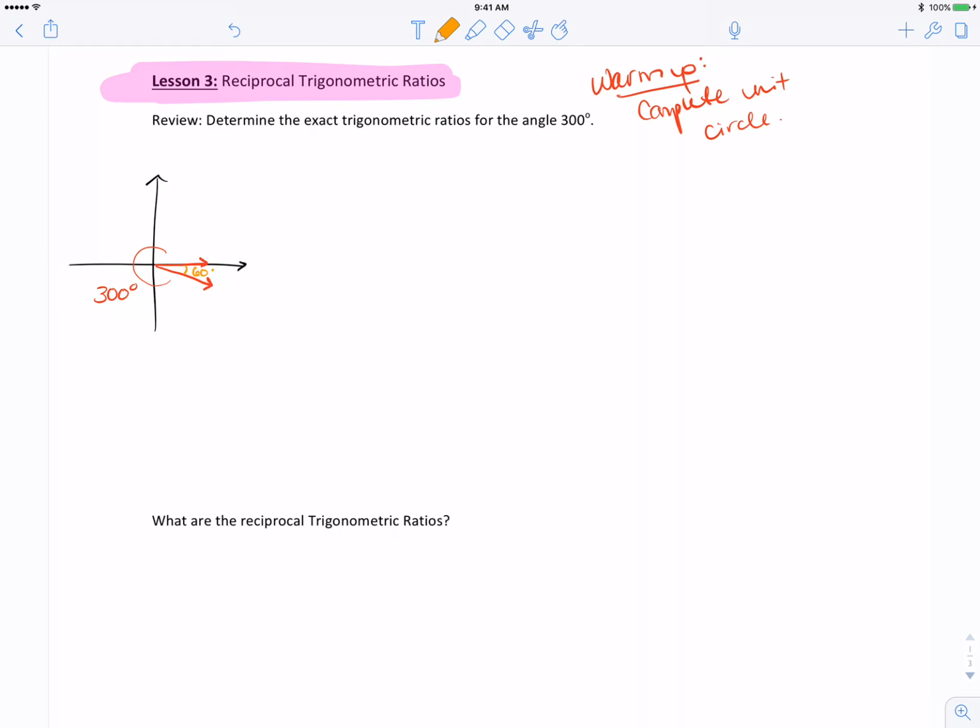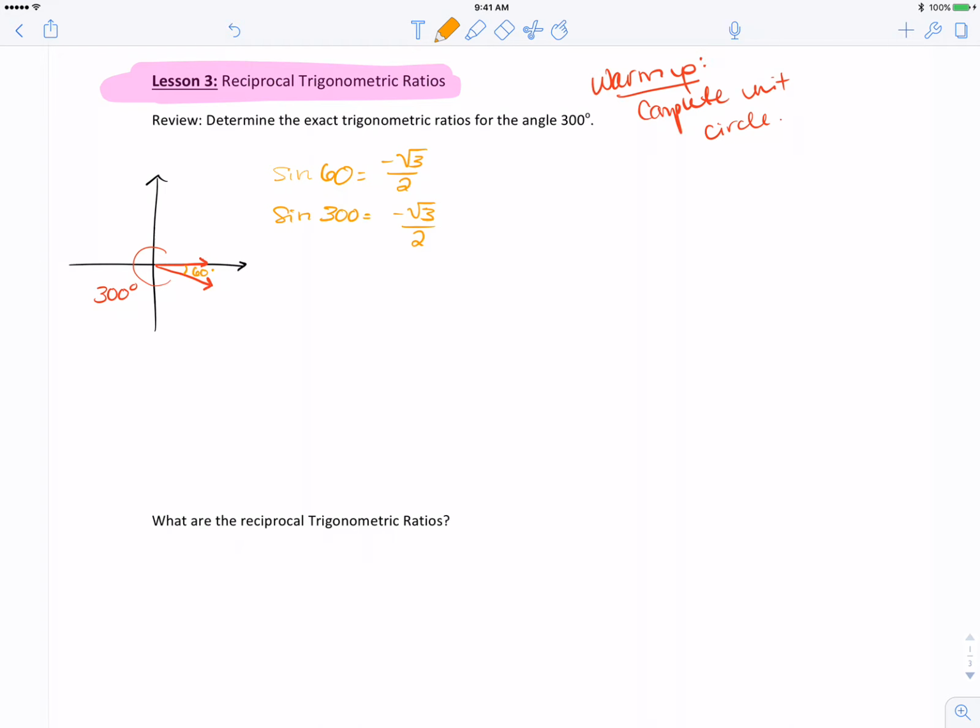What I want to think of now is, what is the sine of 60 degrees? And I wrote theta instead of 60. Negative root 3 over 2. Remember, that's the same as the sine of 300, which is negative root 3 over 2.